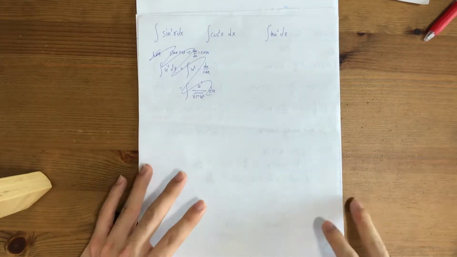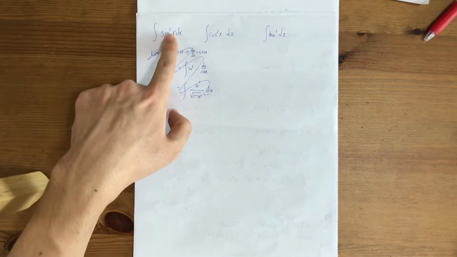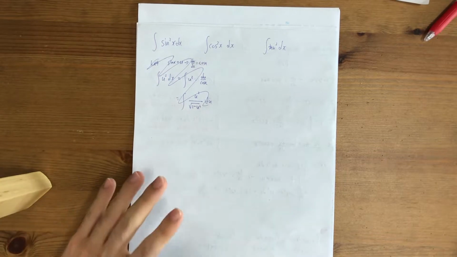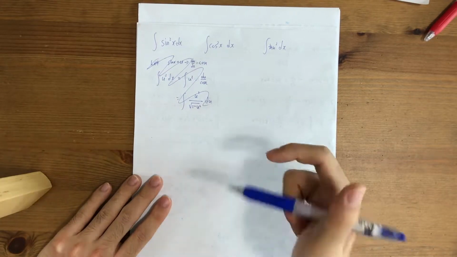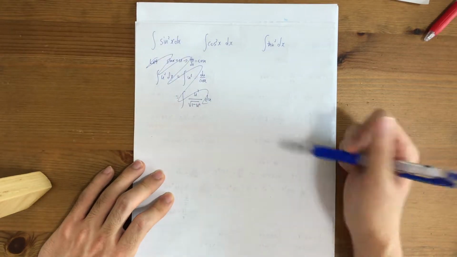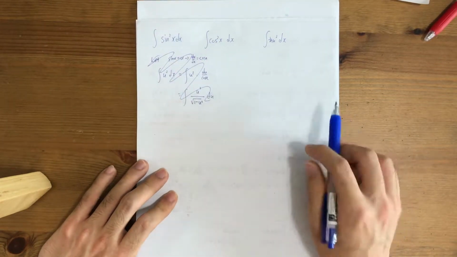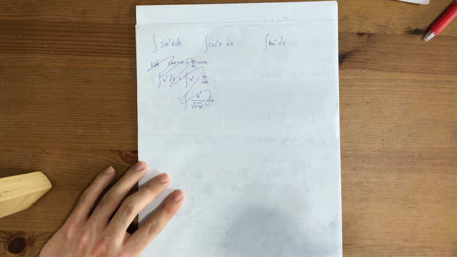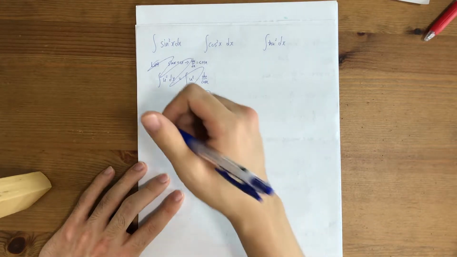So our main problem is that we don't want the power. We only want non-power, so just power of 1, right? Then we can try to eliminate this power. But how? So recall some of the trigonometric identities.